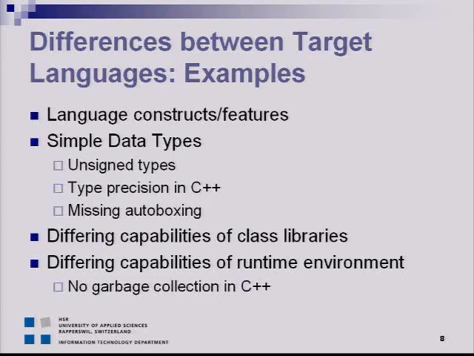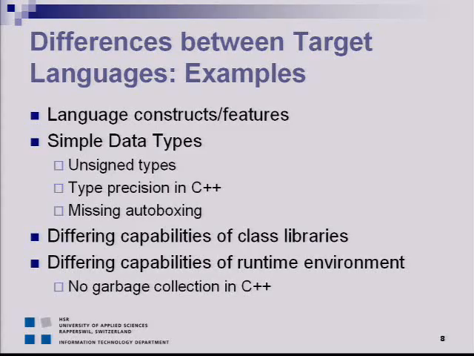There are many differences in those targets we support. First of all, there are different language constructs. Data types, simple data types, are not the same, such as unsigned types not available in Java, or type precision in C++, which is usually compiler dependent.